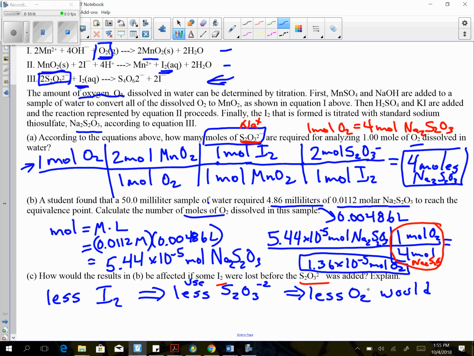So less O2 would be calculated than you had in the original sample.